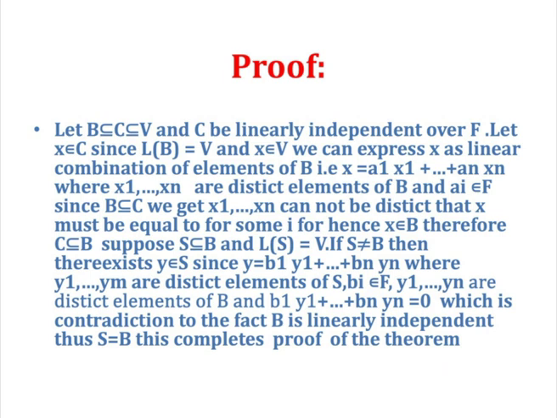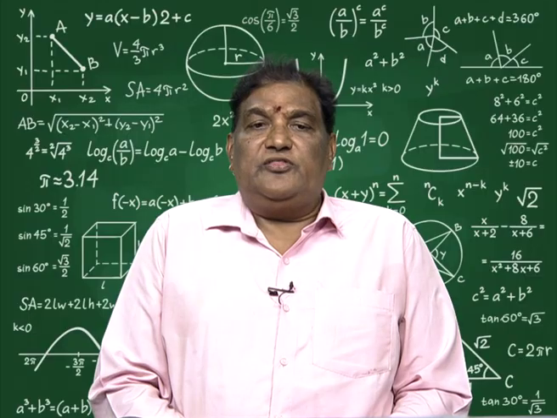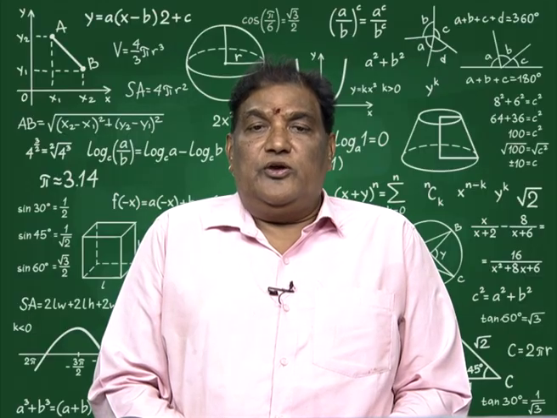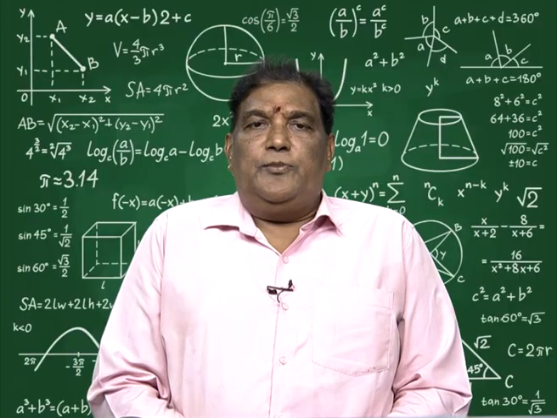Suppose S is a subset of B and L of S equals B. If S is not equal to B, then there exists y belonging to B but not to S. Since y equals b1 y1 plus b2 y2 plus so on bn yn, where y1, y2, etc. yn are distinct elements of S and bi belongs to F, F meaning field.